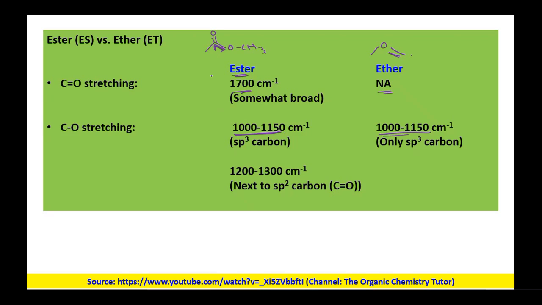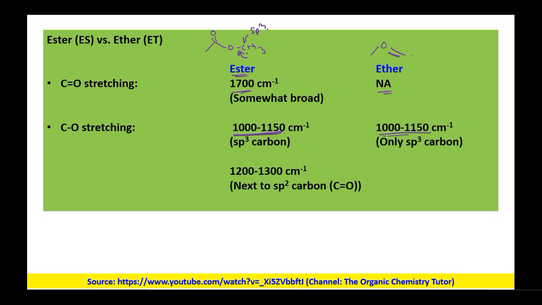However, in the case of ester there is another sp2 carbon. Sorry, here this is the sp3 carbon. So this CO bonding will be at around 1000 to 1150.